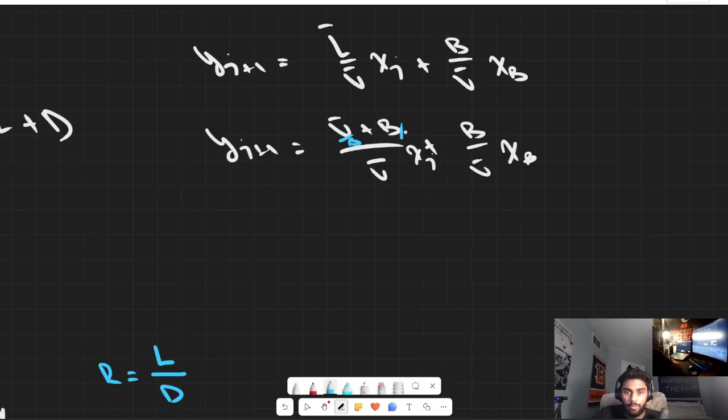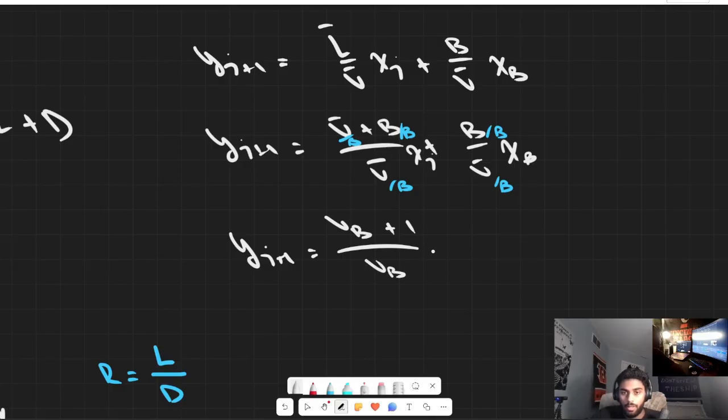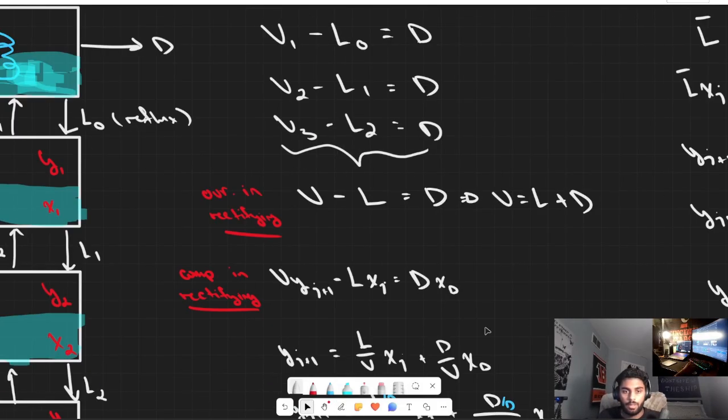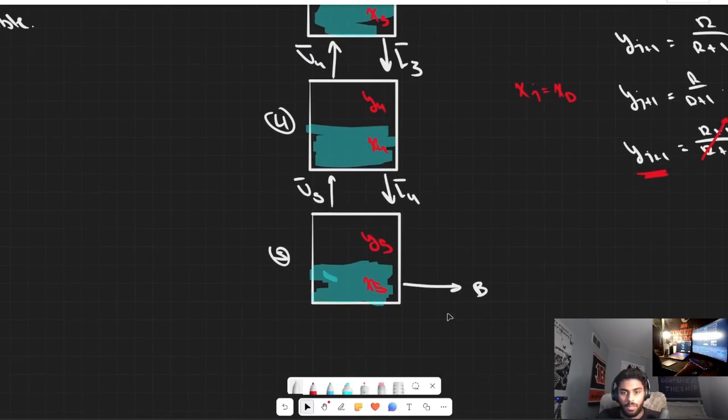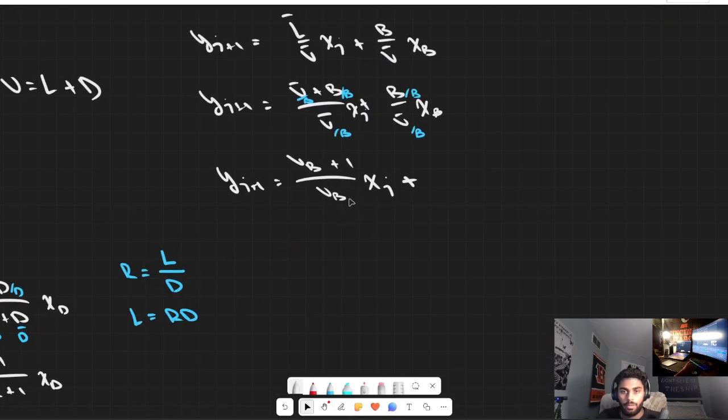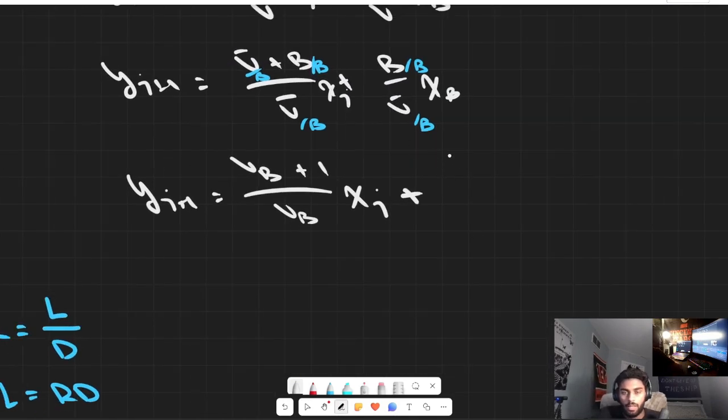So divide by B, divide by B, divide by B, divide by B, divide by B. So what we get now is our boil-up ratio plus 1 over our boil-up ratio times xj, plus our 1 over boil-up ratio times xb.